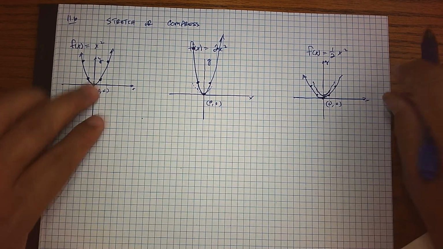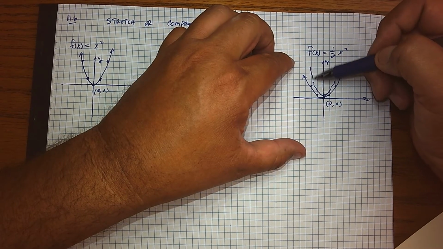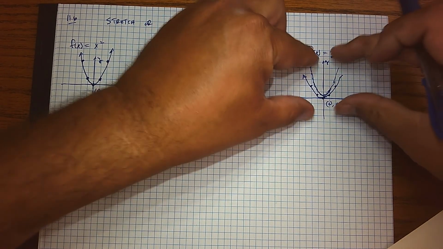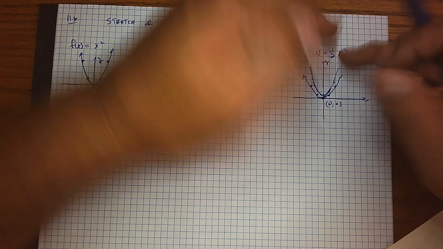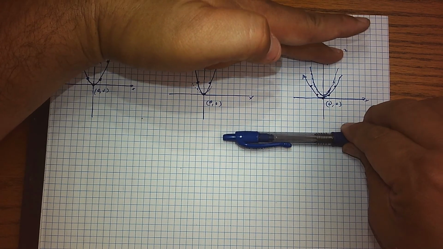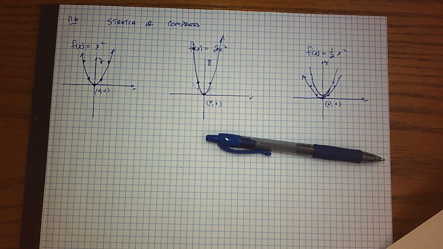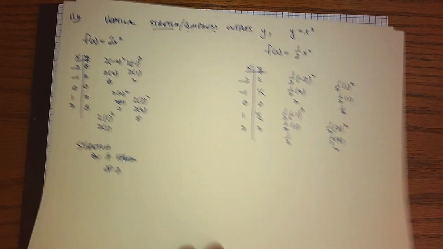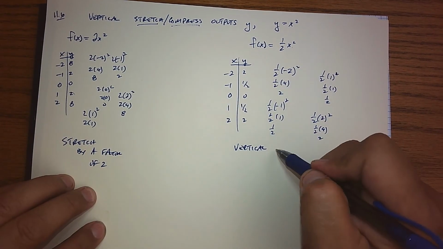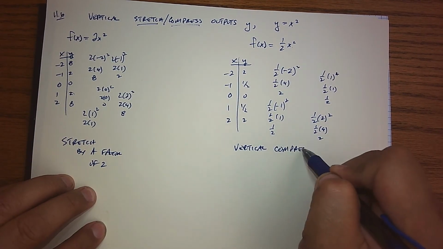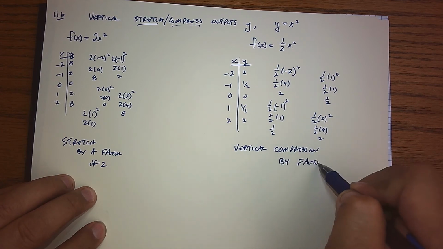It's like somebody flattened it. We took all the y values and halved them. And so the overall effect is it's like we took this graph and vertically compressed it. Okay? So there's basically our two ideas. So this is a vertical compression, and you can say by a factor of 1/2.